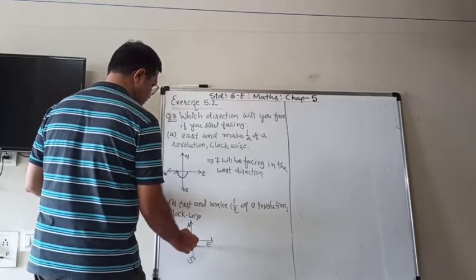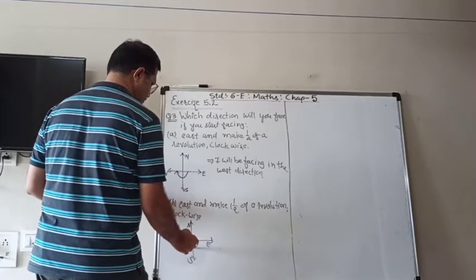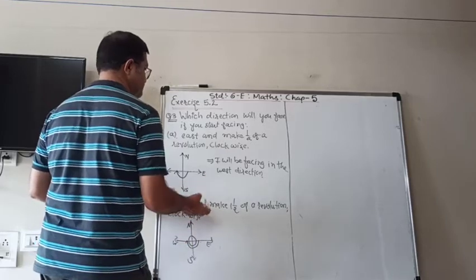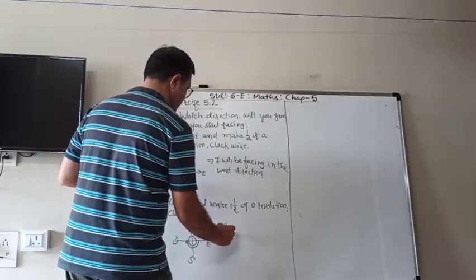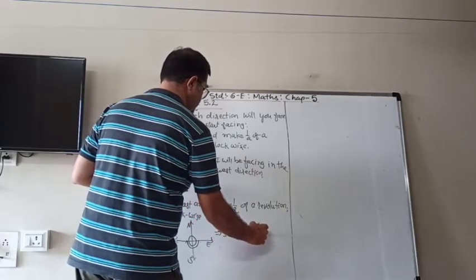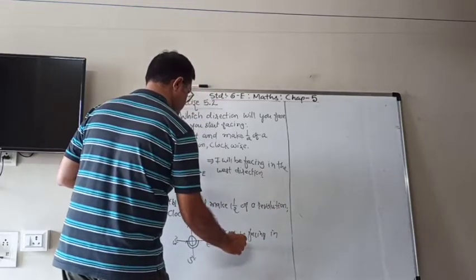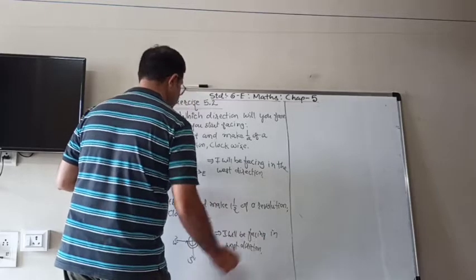One full revolution, and again a half revolution. So it is the same as that. It means you will be facing again in the west direction. So I will be facing in the west direction.